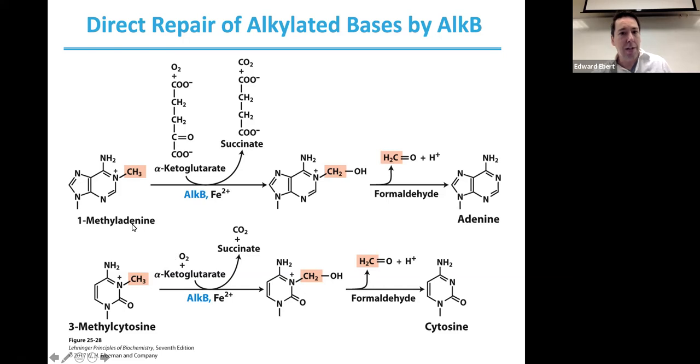Our methyladenine, once we activate the methyl group, typically by adding a hydroxyl group in there through an oxygenation reaction, so we oxygenate, oxidize that methyl group, and that makes it a good leaving group from the amino group, and our formaldehyde can pull it off. And then we're left with our cytosine or adenine to repair it.